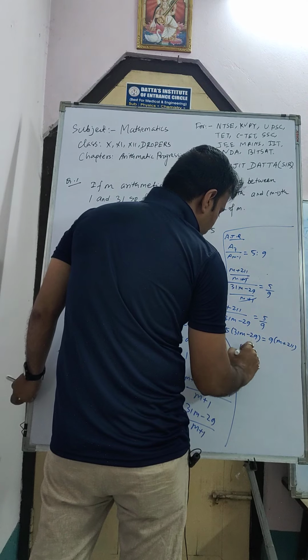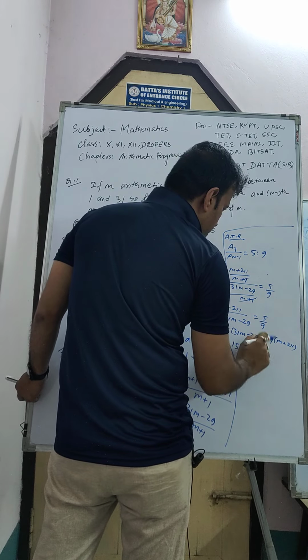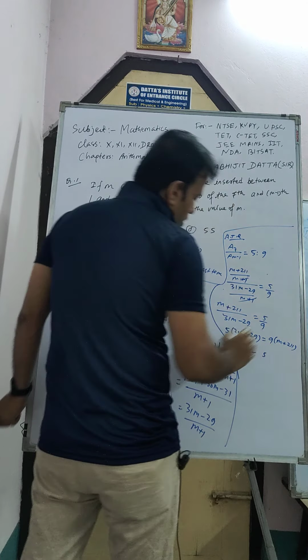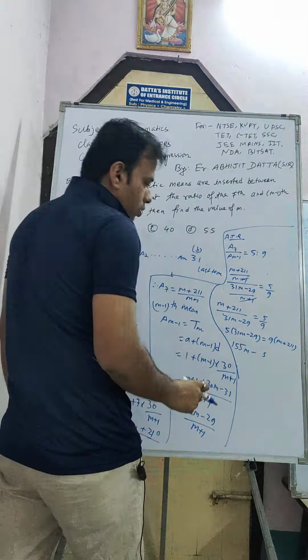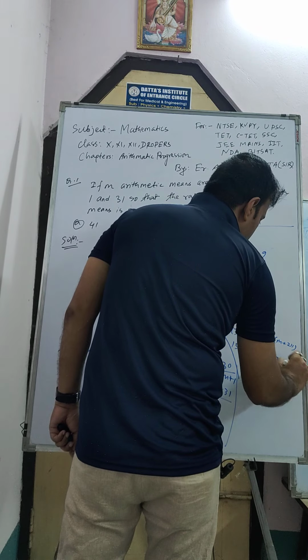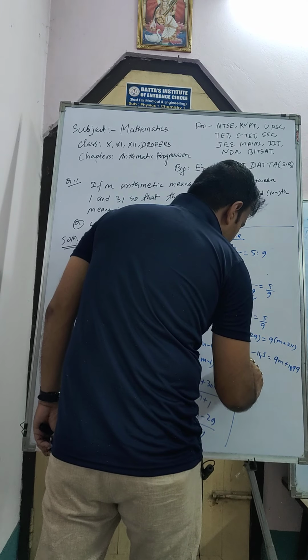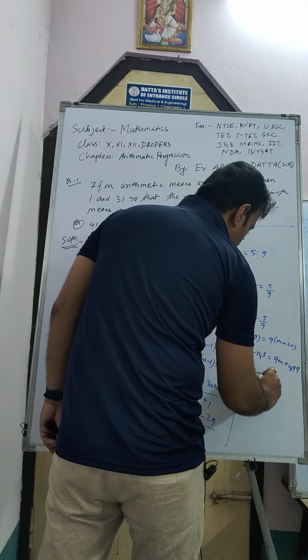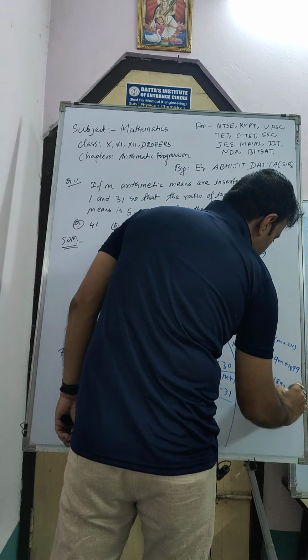Okay, it will be 155m minus 145, and here 9m plus 1899. So 155m minus 9m equal to 1899 plus 145.